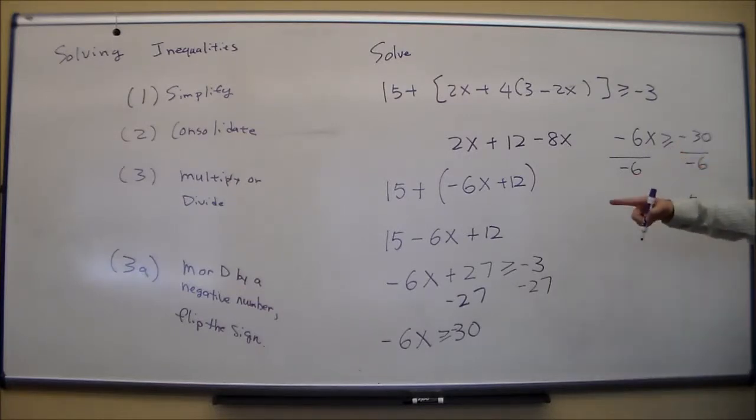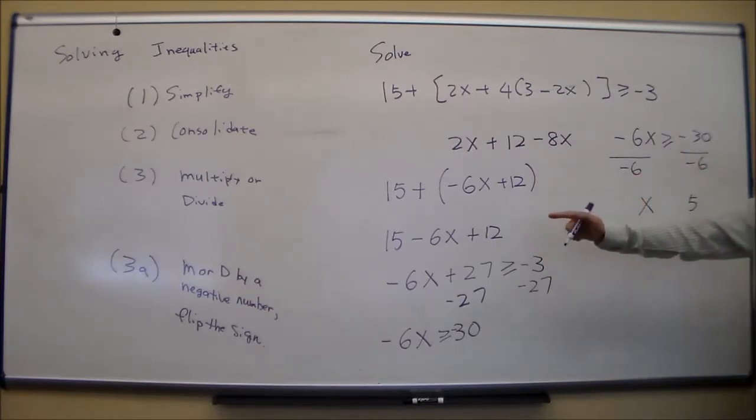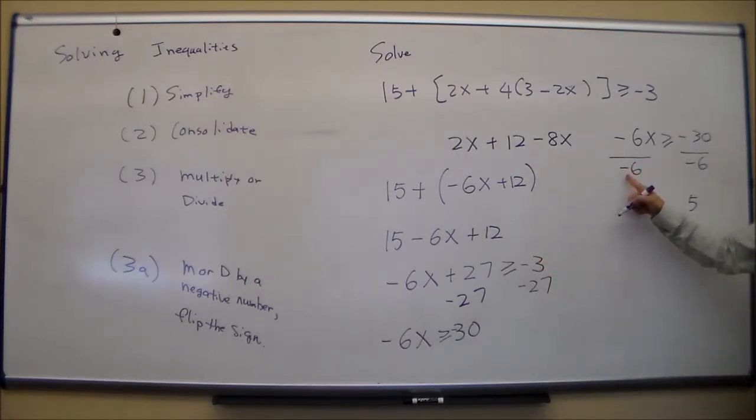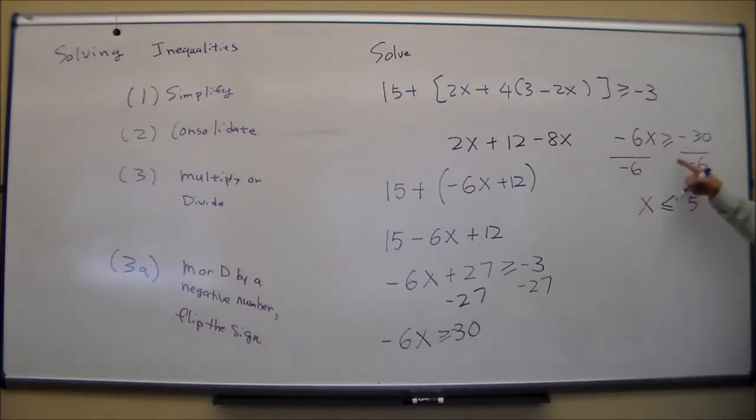Well, checking step 3a there, when you multiply or divide by a negative number, you've got to flip the sign. Since I divided by a negative number, I had to flip this sign to say less than or equal to 5. This is because I divided by a negative number here. That's the only time you flip the sign.